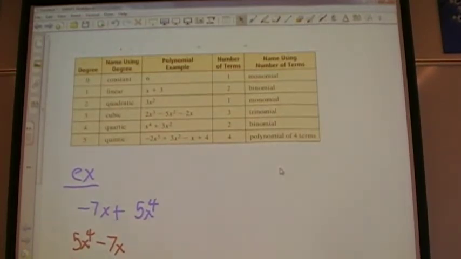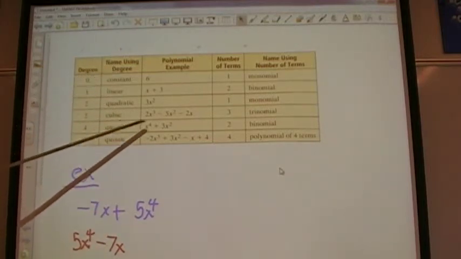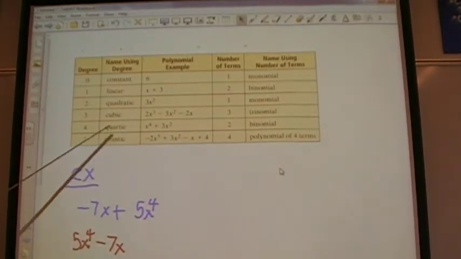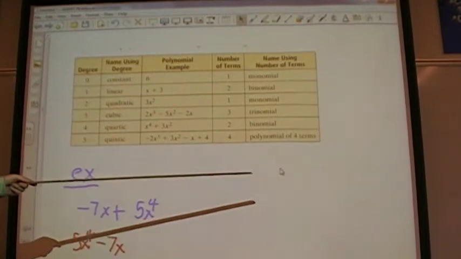Make sure you know those first 5. With the quintic, why do you add the other 4 terms? Well, we had to name it by degree and number of terms. They have nothing to do with each other. Just because it's a quintic doesn't have anything to do with the terms.